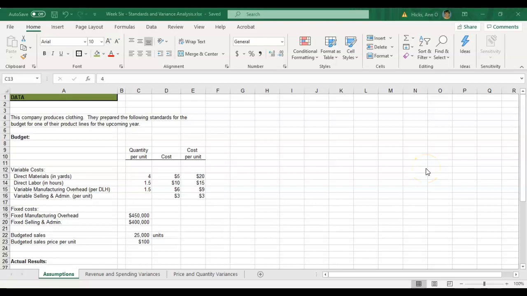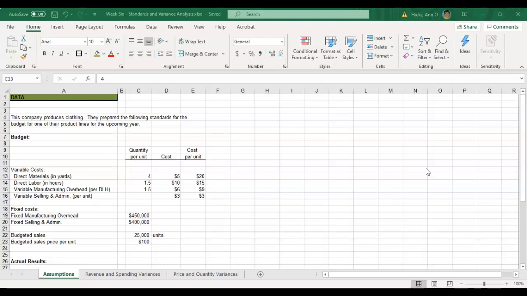So in chapter 10, we're going to continue our examination of budgeting and how we can use that to plan and control our operations.